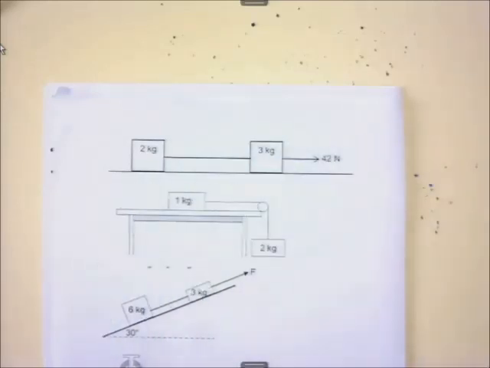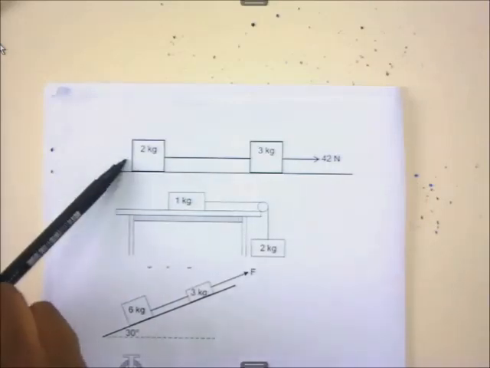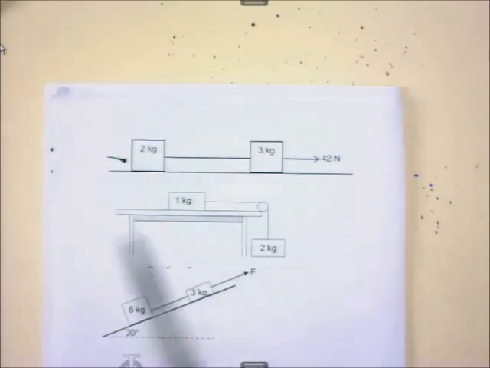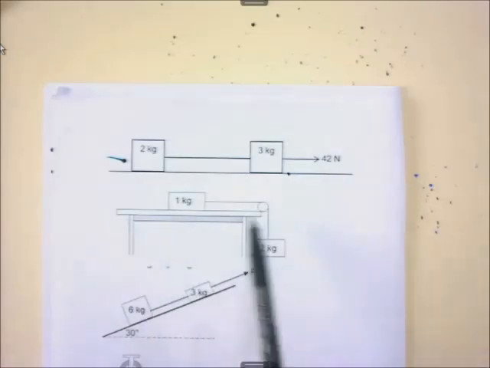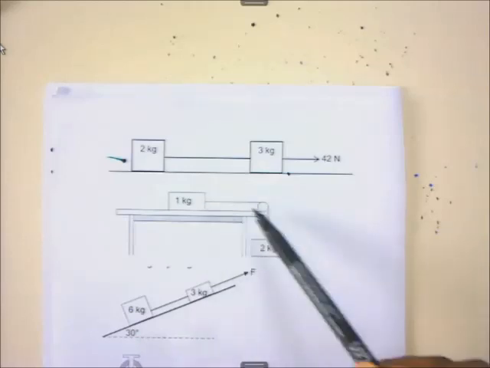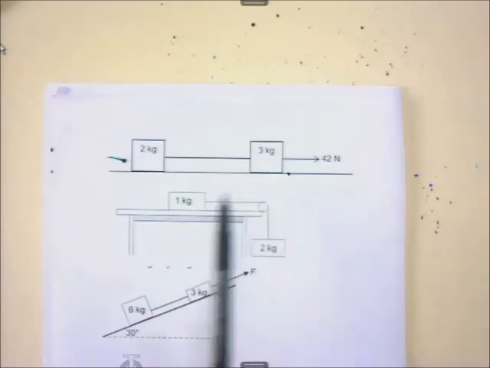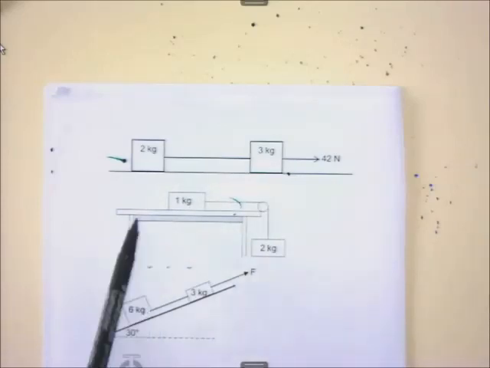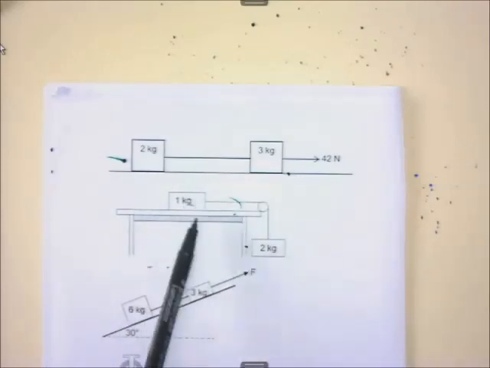You must be able to identify the forces acting on the 2 kg block and also the forces acting on the 3 kg block. So in this case, we have a block that is moving downward, or that is being pulled downward or upward. I don't know in which direction the 1 kg is moving. But for both of these blocks, you must be able to identify the forces acting on an object.